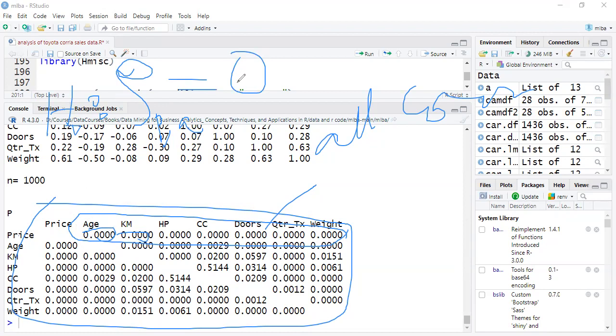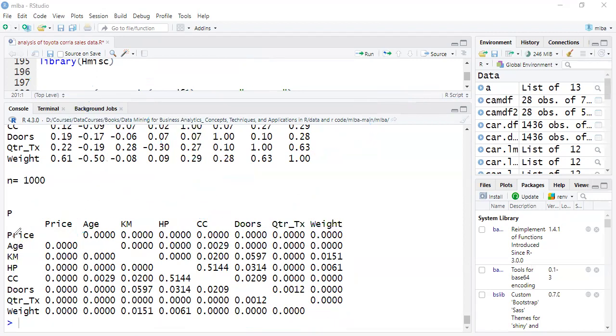P-value 0 means the null hypothesis is rejected. The alternate hypothesis is what? Correlation is not 0. So p-value 0 indicates that the alternate hypothesis is true and the null hypothesis is false. The second hypothesis will be the price and the kilometer. The p-value is 0.